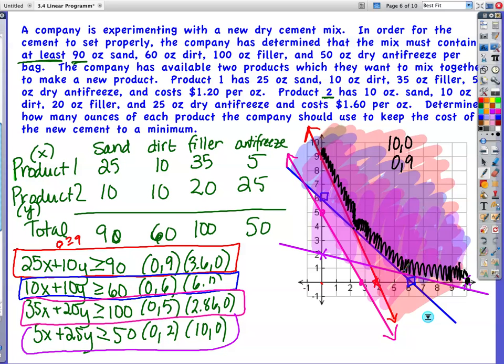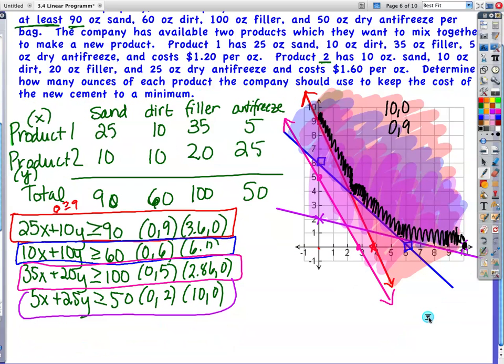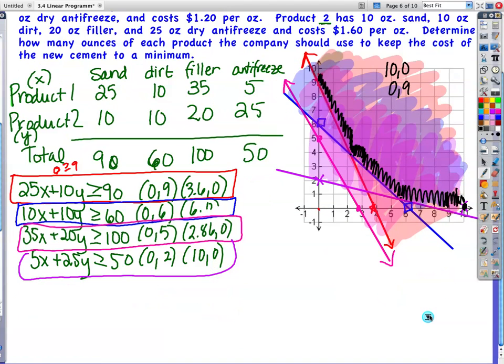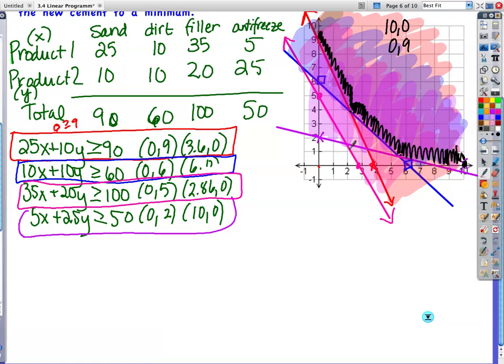Here is the kind of not fun part about this. You have to make sure you're using the right equations, or excuse me, inequalities, to make this work. Okay, so I need to know where the red line runs into the blue line. So I need to do the red line with the blue line.